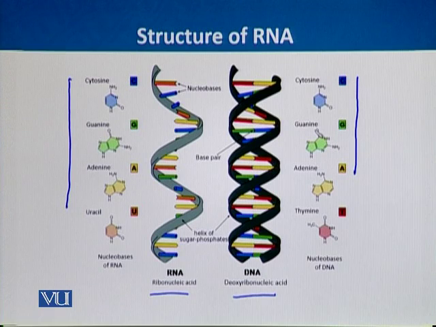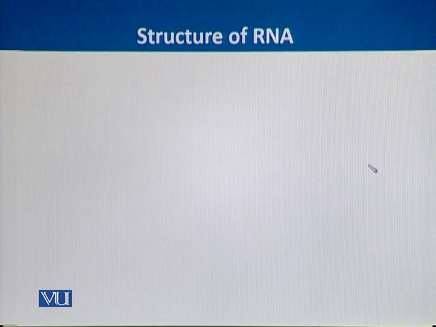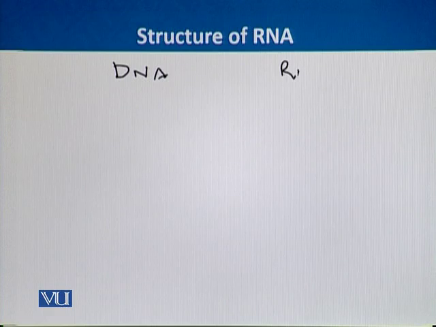The only difference is uracil in RNA and thymine in DNA. We can see much more differences in later slides. Here we can draw some differences between the DNA molecule and the RNA molecule.